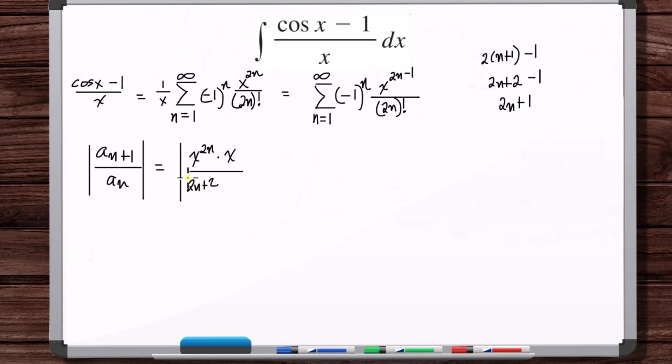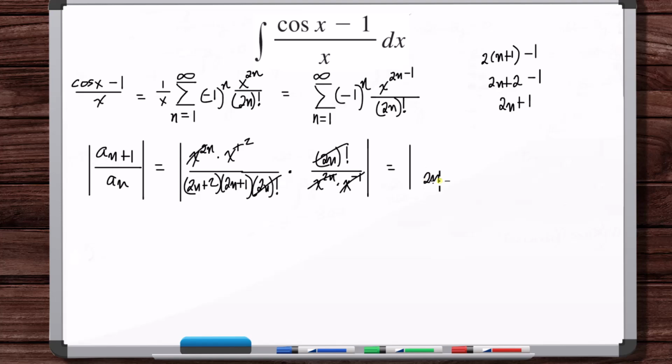So let's do 2n plus 2, 2n plus 1, and then 2n factorial. Okay, then we've got 2n factorial, x to the 2n times x to the minus 1. And this is x to the first. Okay, so what we get here ends up being x squared, right? It's kind of confusing, but imagine bringing this into the numerator, and then x to the 2n goes away.